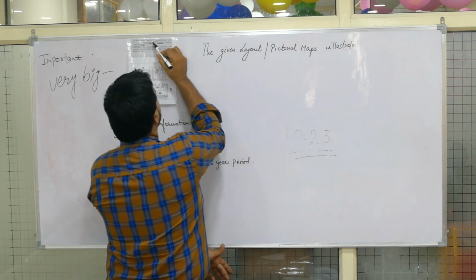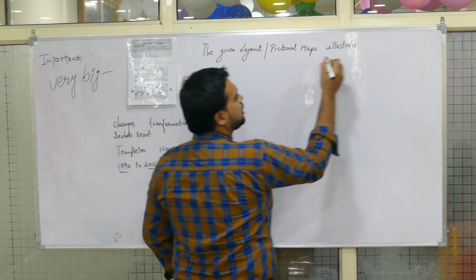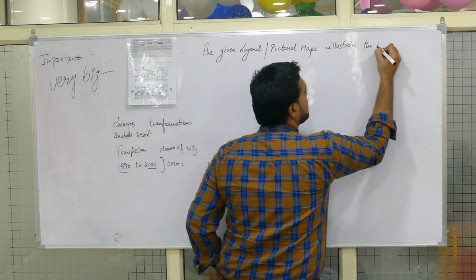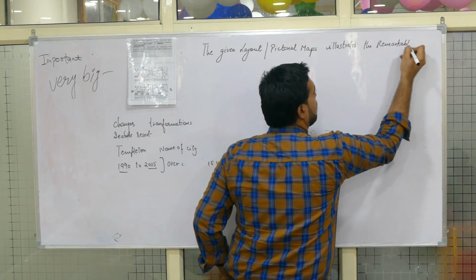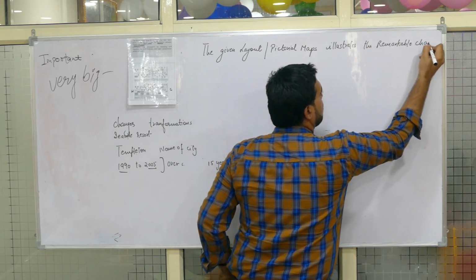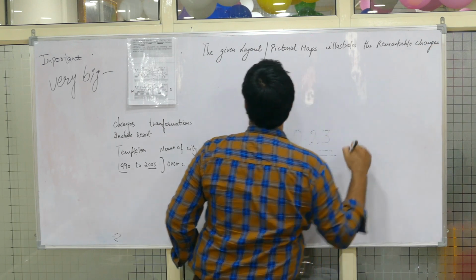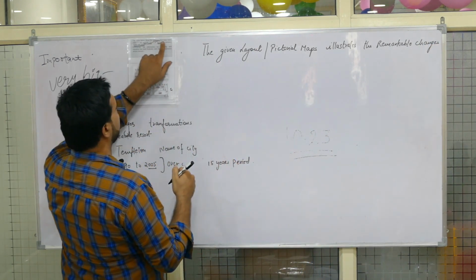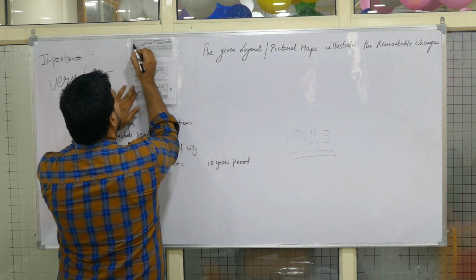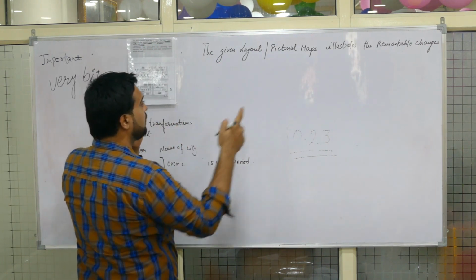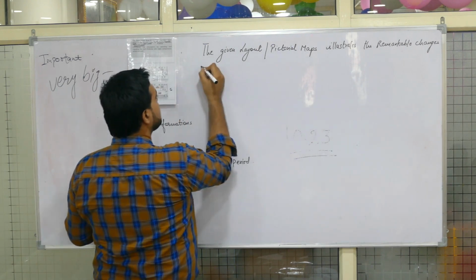It says changes, we need to say the remarkable changes. It says have taken place in the seaside. So have taken is given here. What we need to write instead of the remarkable changes.